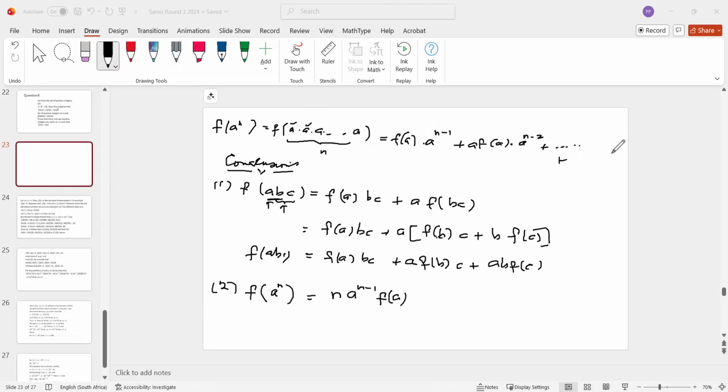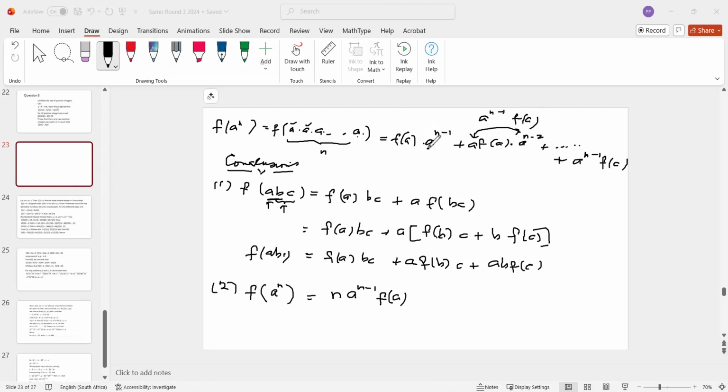If you keep going on like this, you come to the last one. The last one is all the first n minus 1 a's here, and you apply f to only the last one. Right. Now, if you look at this carefully, you'll see that here a times a to the n minus 2 is a to the n minus 1 times f of a.